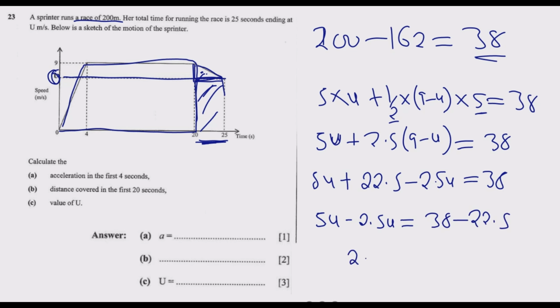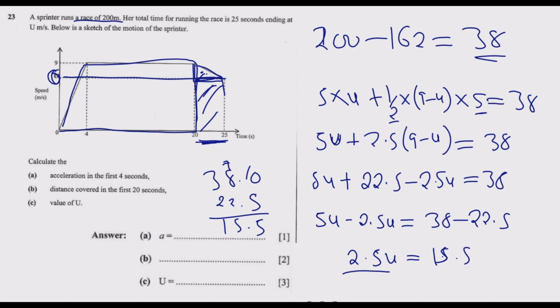So this is 2.5u equals 38.0 minus 22.5, which is 15.5. Then we divide by 2.5 on this side and 2.5 on this side.